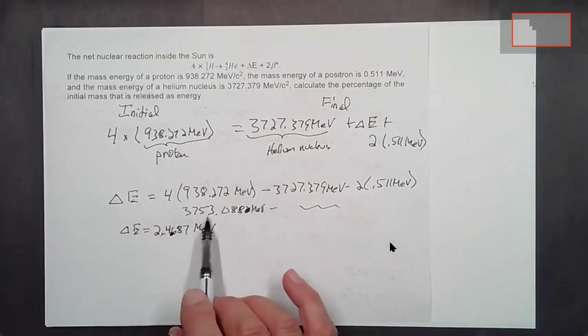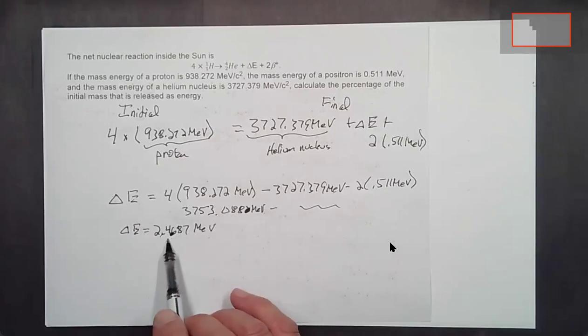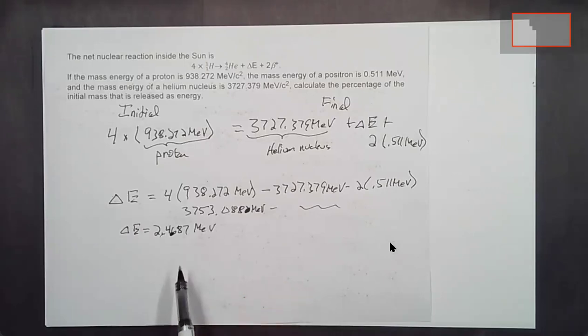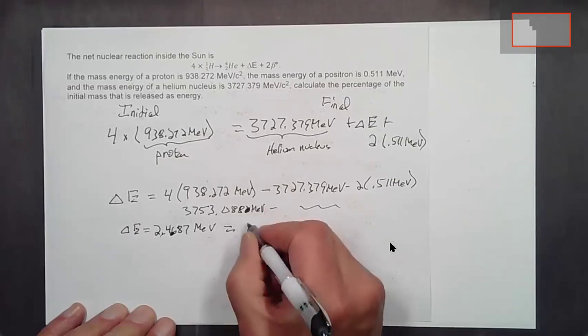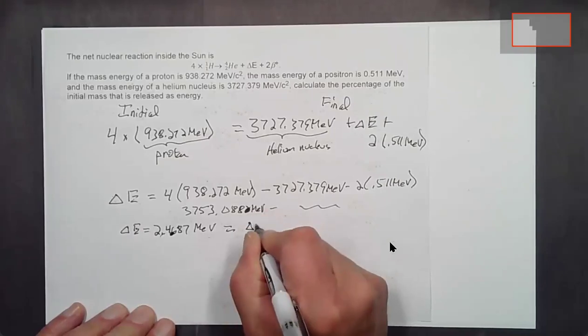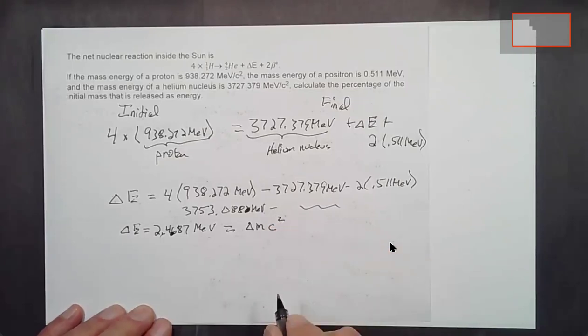roughly, what is it, 3,753, but 24 isn't insignificant compared to that. So it's a fair amount of energy, and that will equal some, we can think of it as a delta M times C squared.